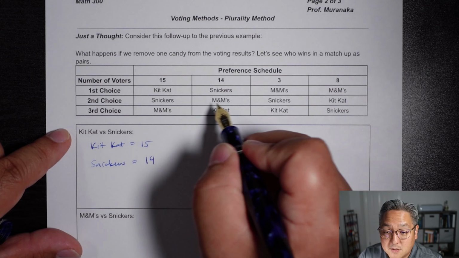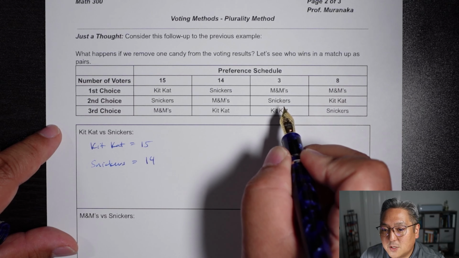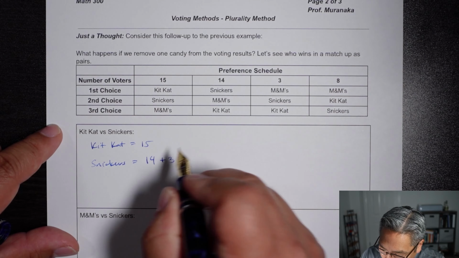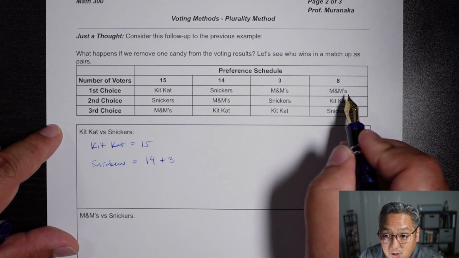Because M&M's gone. Remember, people keep their preferences. So here's M&M's gone. That means 3 more votes for Snickers. And if M&M's gone over here, that would mean Kit Kat's on top, 8 more votes for Kit Kat. So that's 23 compared to 17. Kit Kat's our winner.